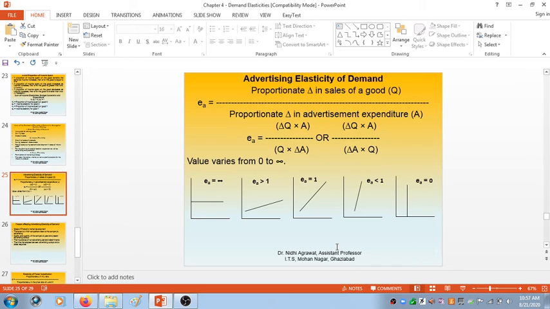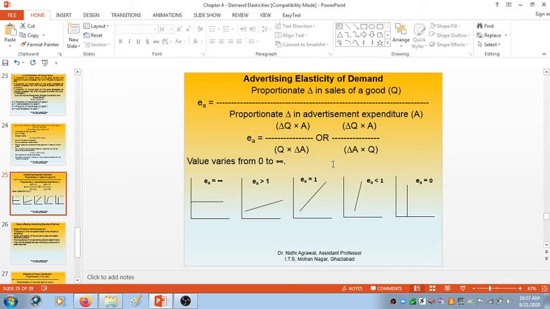So algebraically it can be represented as delta Q multiplied by A, where A is used for advertising here and Q for sales of the good, divided by Q multiplied by delta A. After rearranging, we have the formula delta Q into A divided by delta A into Q.